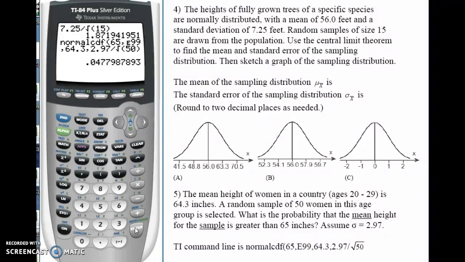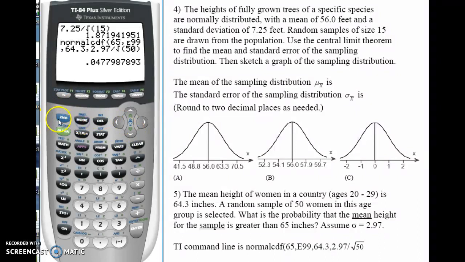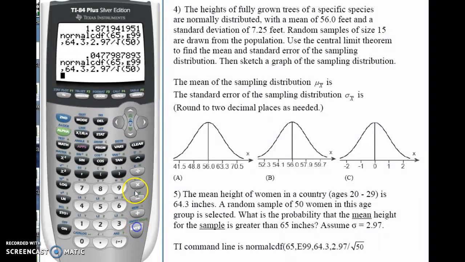Now, what if it asks what's the probability that an individual woman was taller than 65 inches? What would be different? Well, let's look at it. Our command line is going to be almost the same.